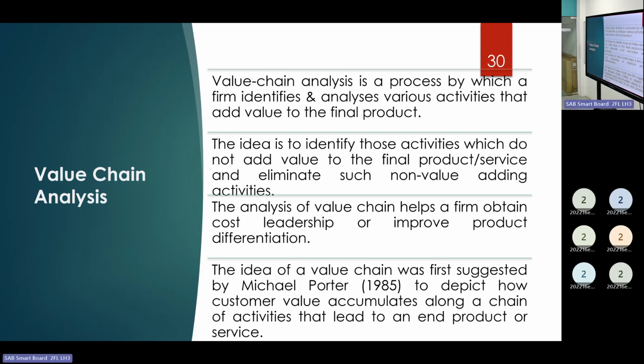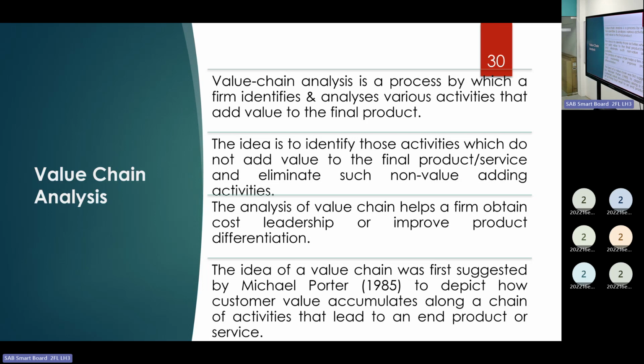The value chain analysis is a process by which a firm identifies and analyzes various activities that add value to the final product. The idea is to identify those activities which do not add value to the final product or service and eliminate those non-value added activities.